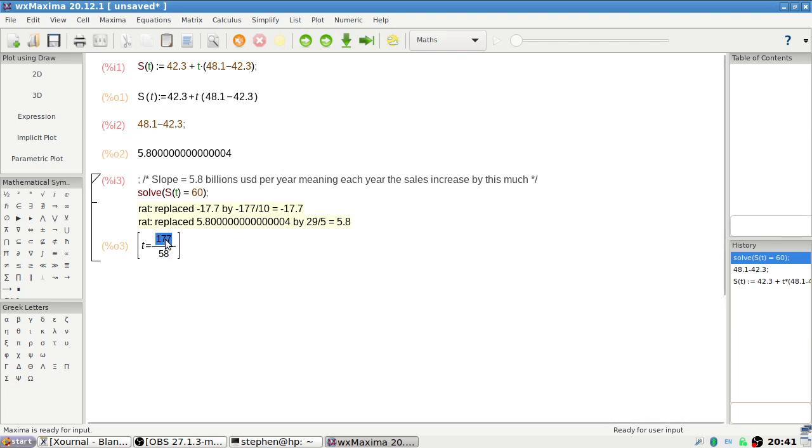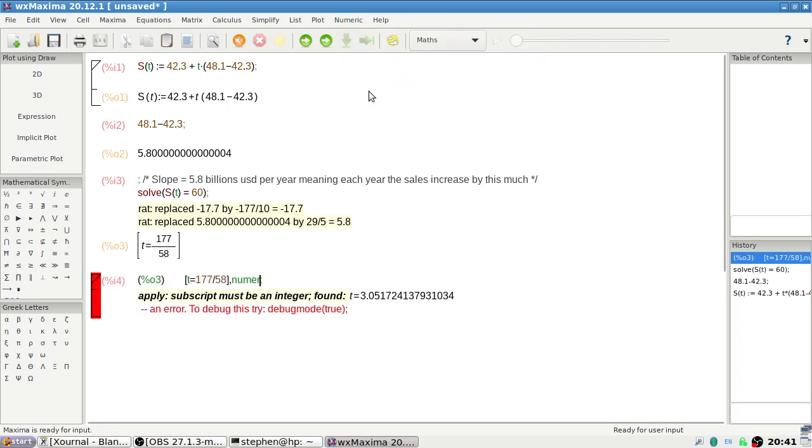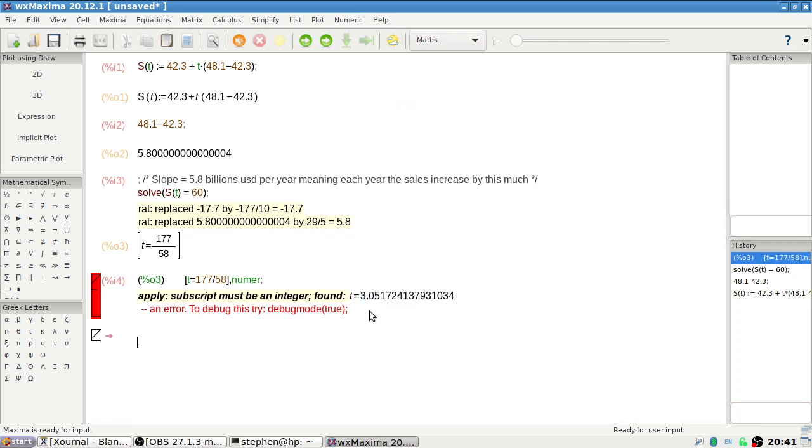Okay, so oops. 3.05. So that's going to be 2012 plus 3.05.